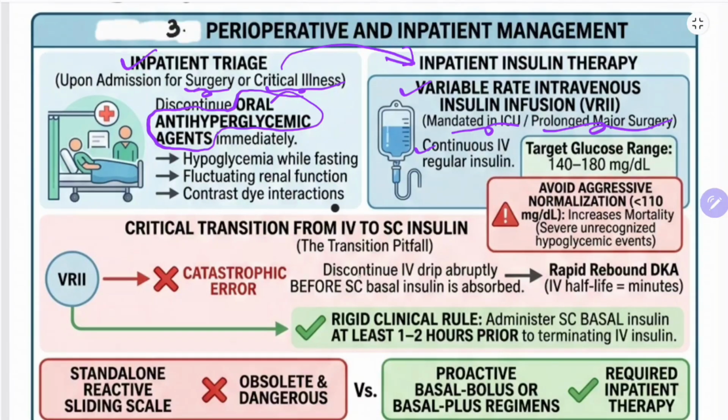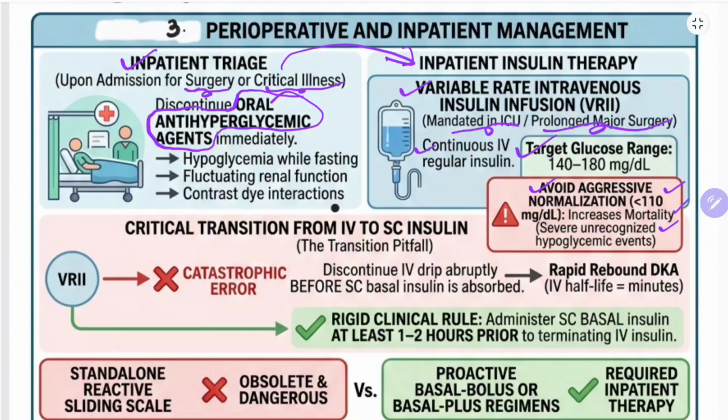So continuous IV regular insulin is given, and the target glucose range is kept at 140 to 180 milligram per deciliter. Avoid aggressive normalization, meaning don't allow the blood glucose levels during this acute phase to fall below 110 milligram per deciliter, because it increases mortality and there can be severe unrecognized hypoglycemic events.